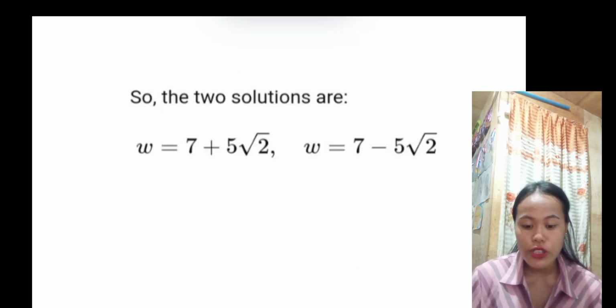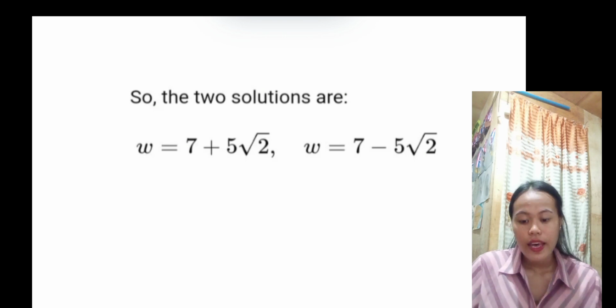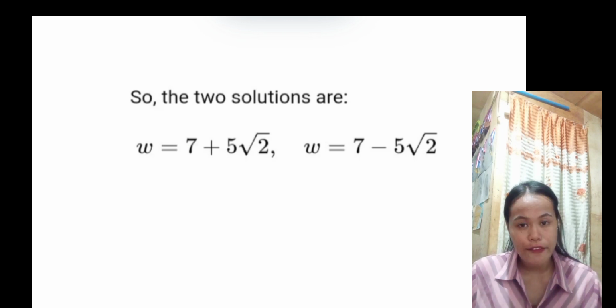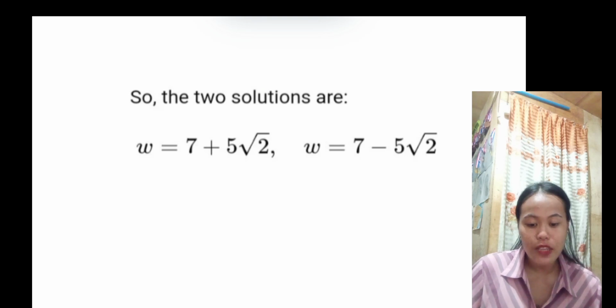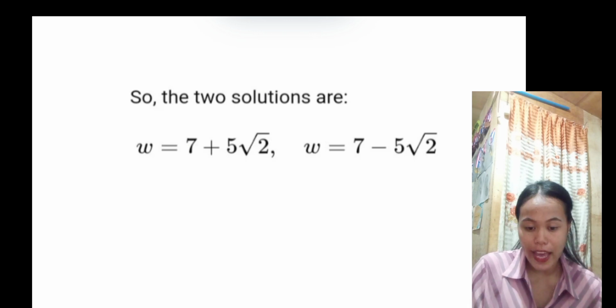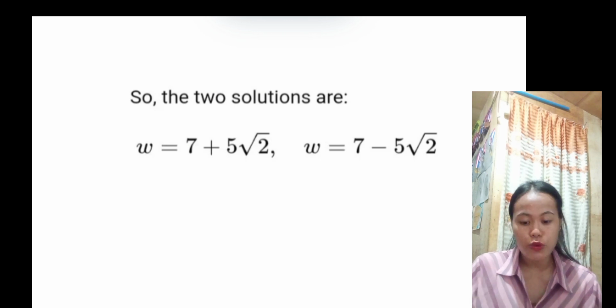So the two solutions are: the first is w equals 7 plus 5 square root of 2, and the second is w equals 7 minus 5 square root of 2.